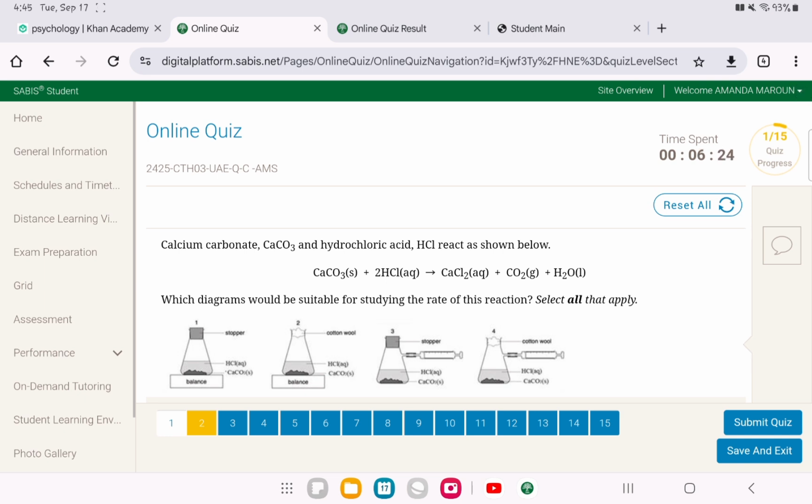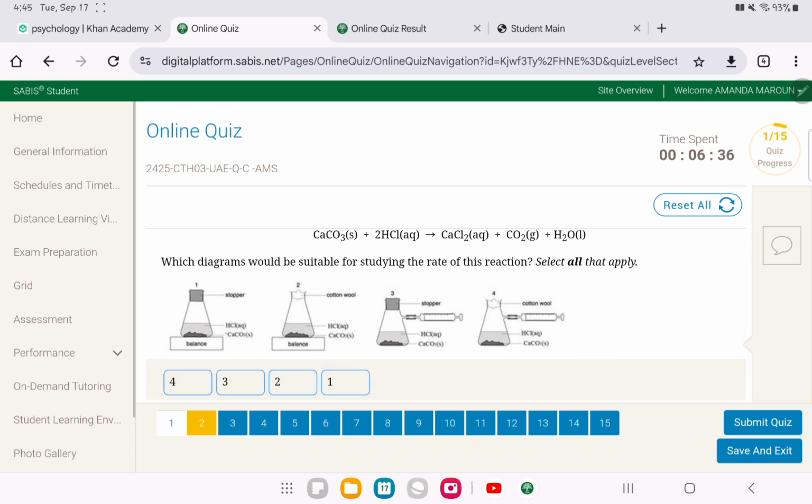Question number 2. Calcium carbonate, CaCO3, and hydrochloric acid, HCl, react as shown below. Which diagrams would be suitable for studying the rate of this reaction? Think of it like this. Anytime you see the balance, use the cotton wool, because with the cotton wool, the gases will be escaping.